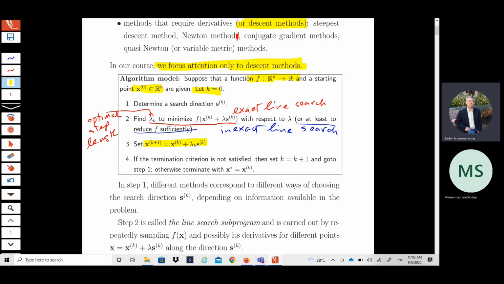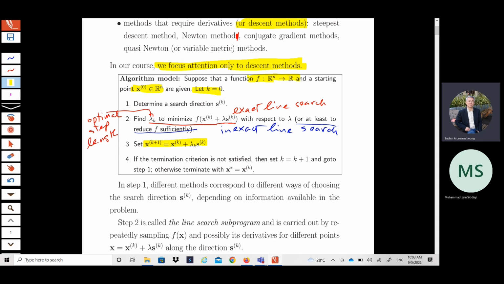The difference between various methods is that we have a different way to compute the search direction sk. That's all.